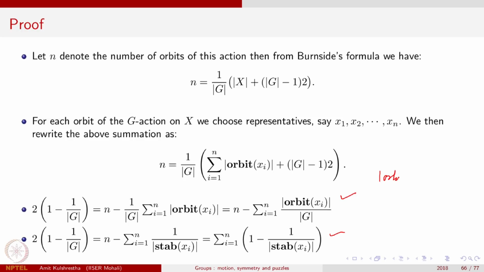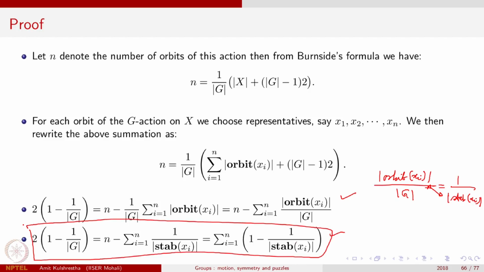So the size of the orbit of an element divided by the size of G is 1 divided by the size of the stabilizer of xi, because size of orbit times size of stabilizer equals size of the group. So what we get after all these manipulations is that 2 times (1 minus 1 divided by the order of the group) is equal to the summation of (1 minus 1 divided by the size of stabilizers). This formula I am going to use multiple times.